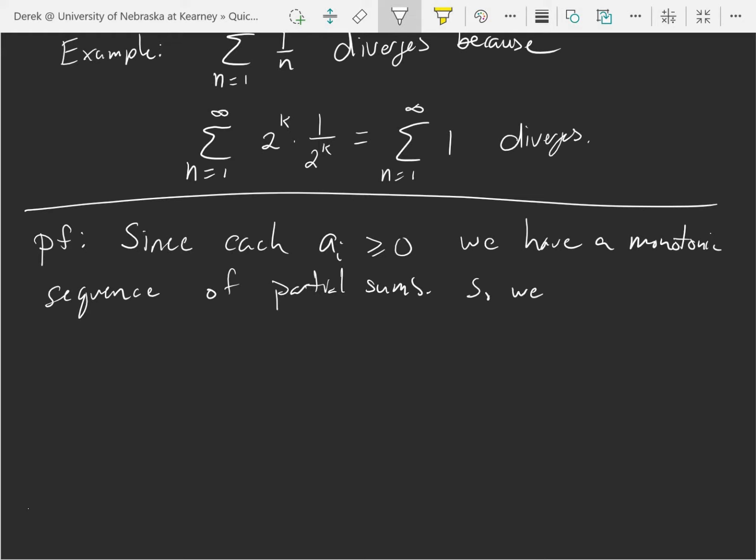So we just have to worry about boundedness, because we know that a monotonic sequence converges if and only if it's bounded.